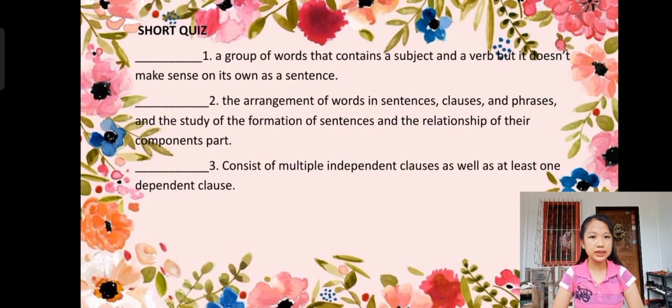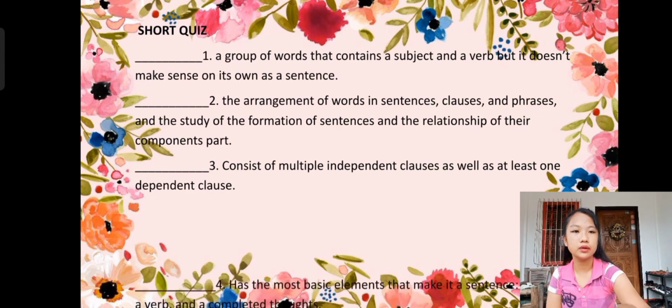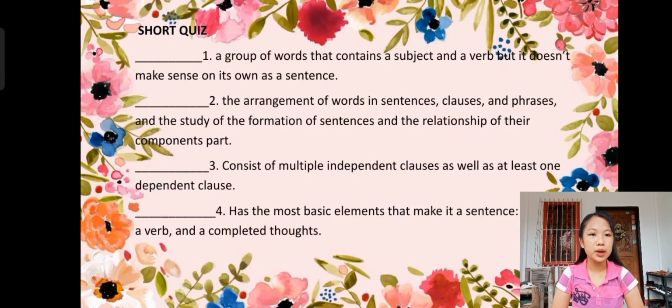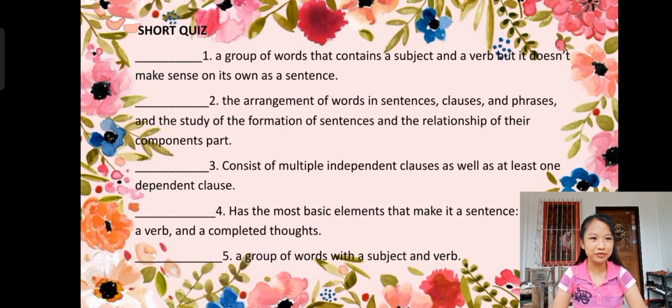Number 3 consists of multiple independent clauses as well as at least one dependent clause. Number 4 has the most basic elements that make it a sentence: a subject, a verb, and a completed thought. And the last one, number 5, is a group of words with a subject and verb.